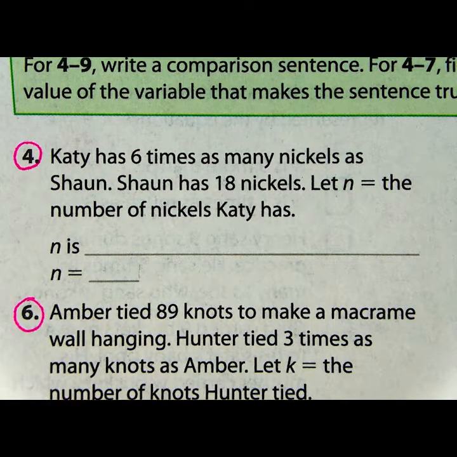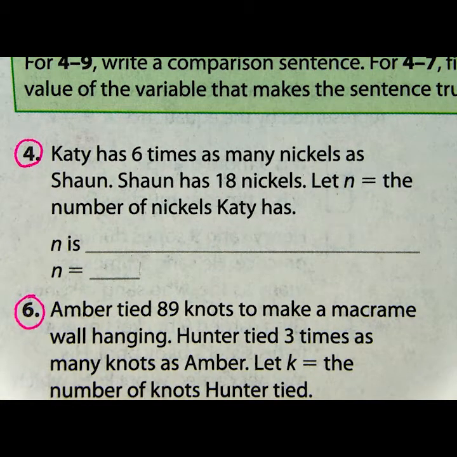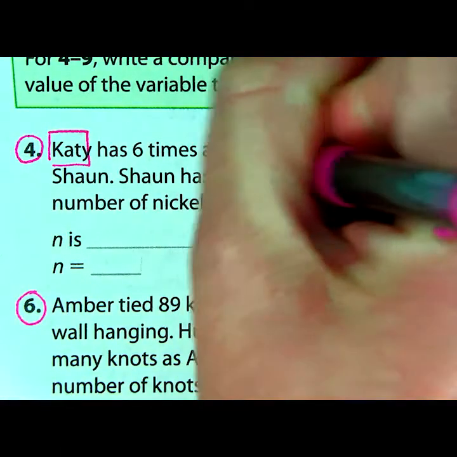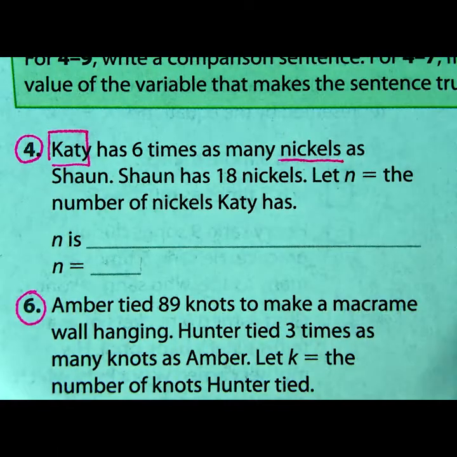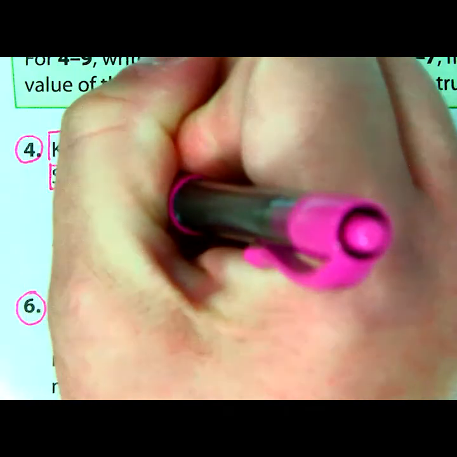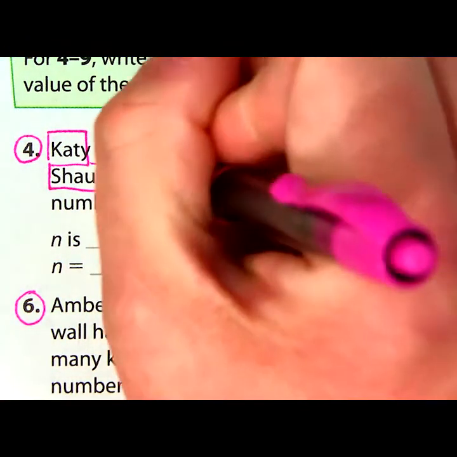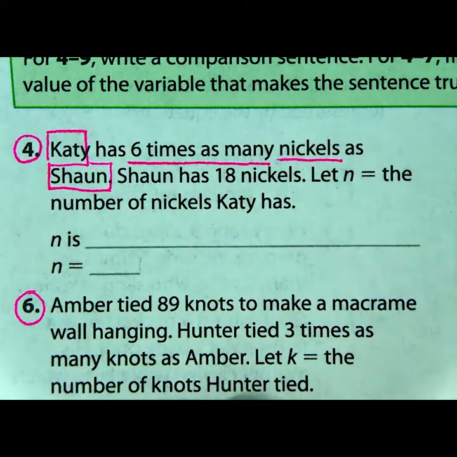Question number 4 reads, Katie has 6 times as many nickels as Sean. Right away in my brain, I'm thinking, I am comparing the number of nickels that Katie has to the number of nickels that Sean has. That's what's being compared here. So the second step in my brain is to think about, well, who has more? Well, clearly Katie has more because she has 6 times as many as Sean.